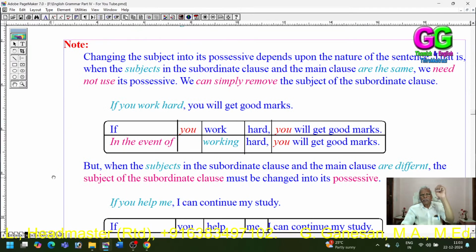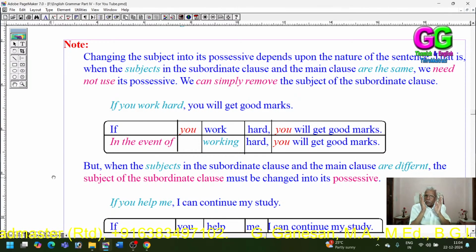My dear students, here are some notes that you need to know. First, we should change the conjunction into its phrase. That should be done. Secondly, regarding the subject, there are two rules.